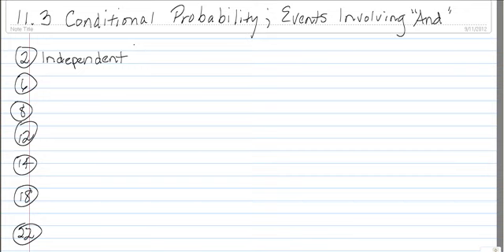So if we're selecting a senator, we're not replacing that senator, so we would have fewer people to draw from. So those would not be independent events, because on the first draw it would depend on whether we got a Republican or not.